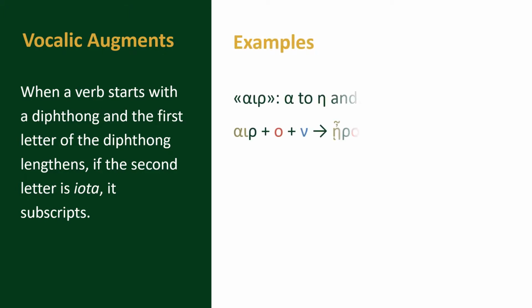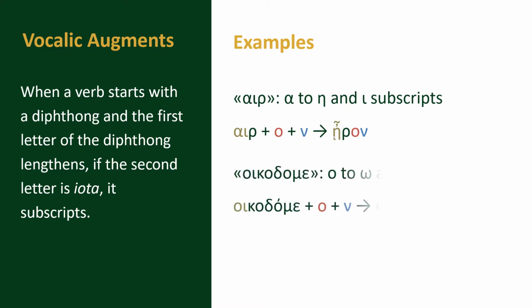Firstly, let's use the verb airo. The stem is alpha iota rho. When the imperfect is formed, the alpha lengthens to eta, that's the normal vocalic augment, and the iota subscripts, which gives us ēron. I was taking up. Similarly, consider oikodomei, from oikodomeo, I build.